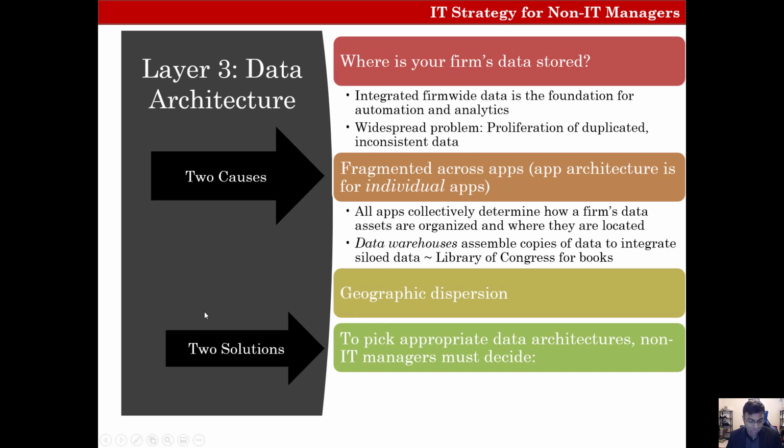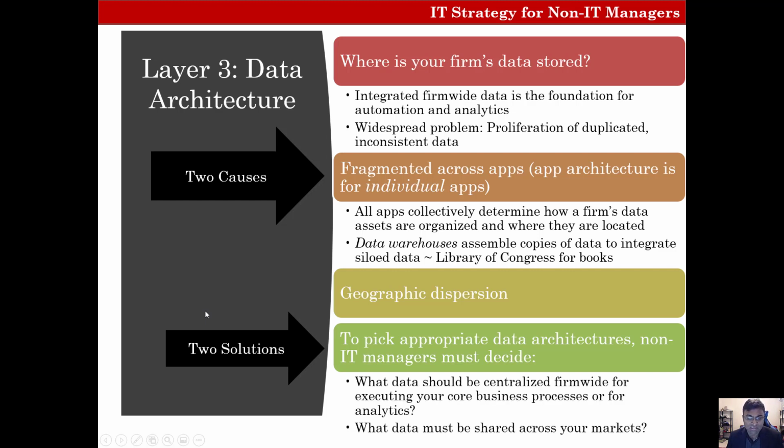One is to pick appropriate data architecture. Non-IT managers must decide on what data should be centralized firm-wide for executing your core business processes and for analytics, and what data must be shared across your markets.